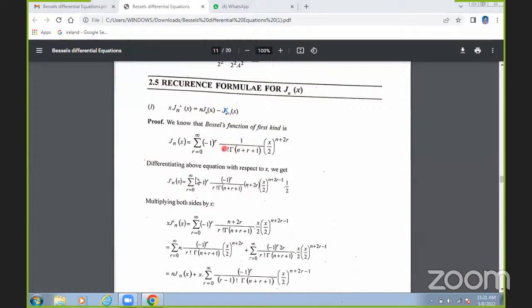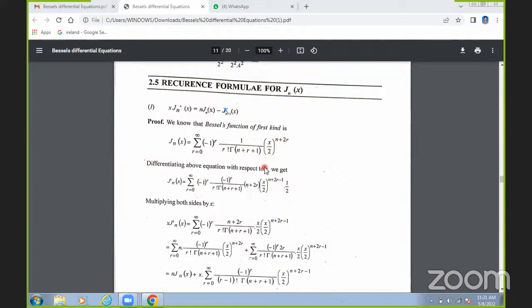Then we differentiate this equation with respect to x. In place of Jn(x), we get J'n(x). The summation over r equals 0 to infinity stays as it is, with (minus 1) to the power of r, and the denominator is a constant. We differentiate the x term, which is of the form x to the power of n plus r.